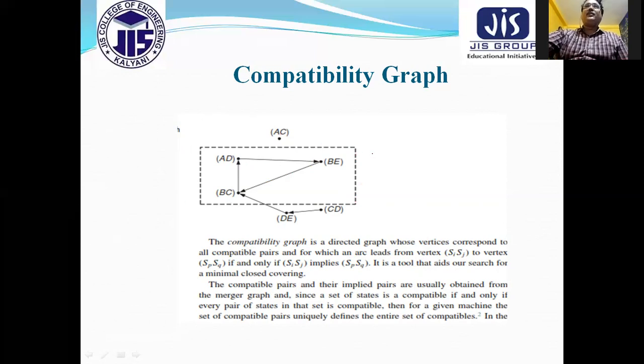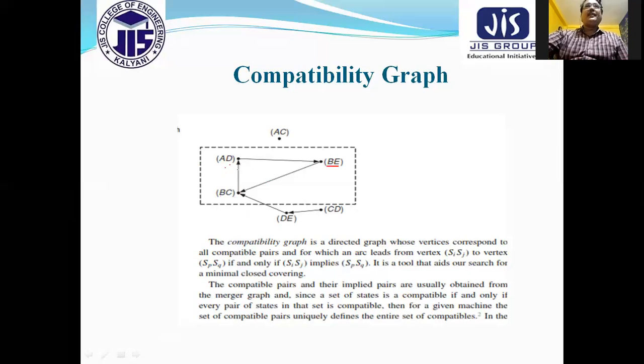For the minimum cover of the compatibility graph, if I take these vertices, all their outgoing edges must be present in this set. The outgoing edge of AD is present in this graph. With the dashed line, the outgoing is BE, which is present. So all outgoing edges are present, and all incoming edges are also present.